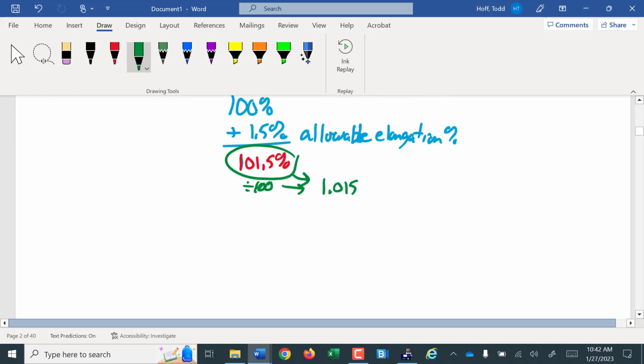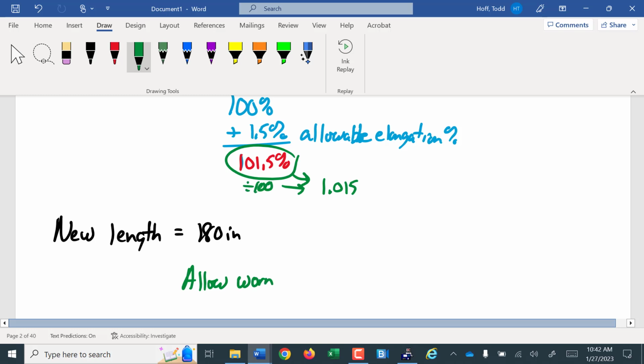So then our allowable length, let's say that the new length is, let's say we have a 15-foot chain, 180 inches. So then the allowable length is 180 inches times 1.015, giving us 182.7.